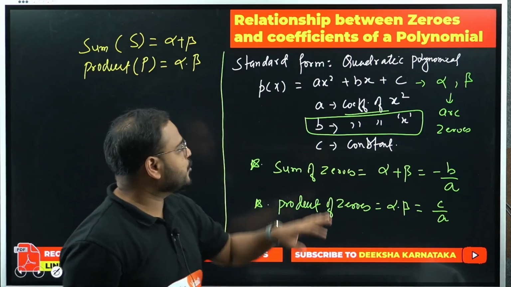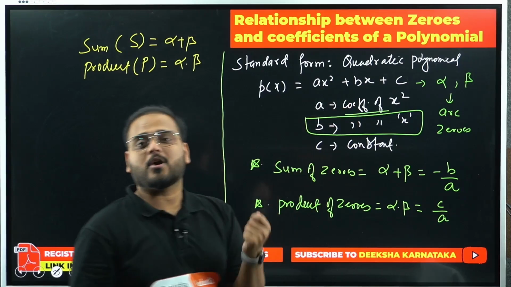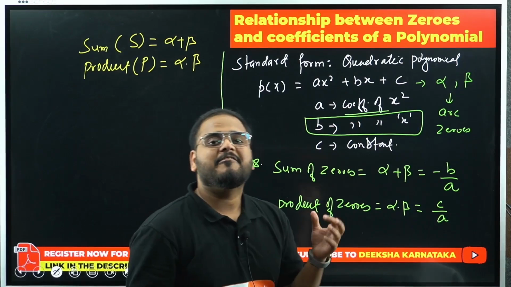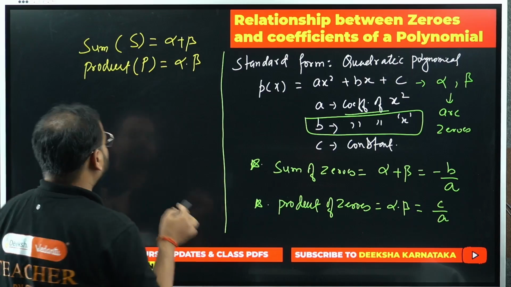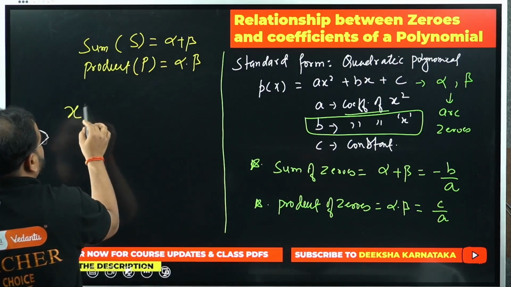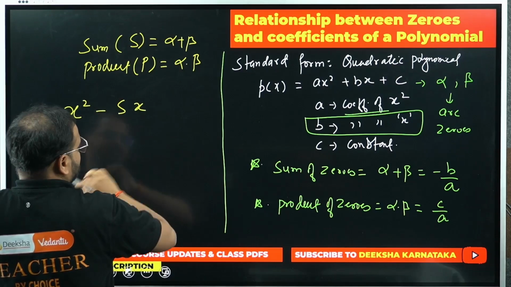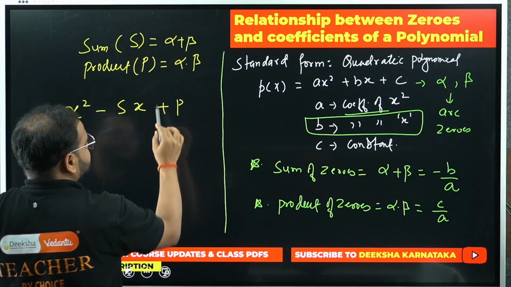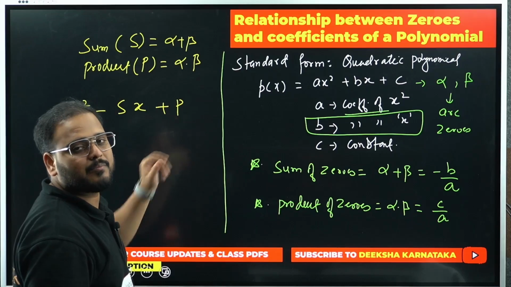So instead of giving you the quadratic polynomial, they have given the sum and the product, and they ask you to find the quadratic polynomial. Then what is the condition? The standard form for that is also known. You write it like this: x square minus sum times of x plus the product.